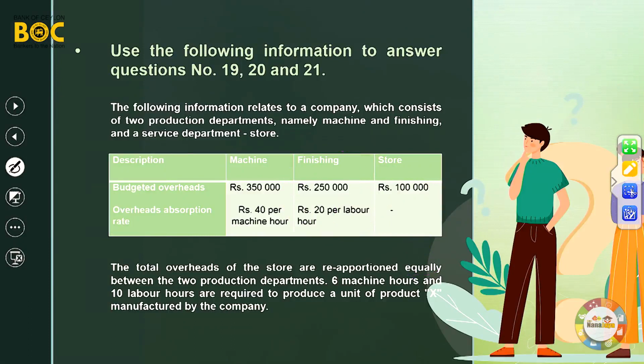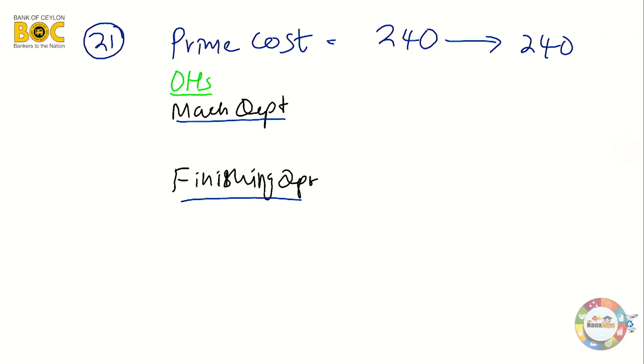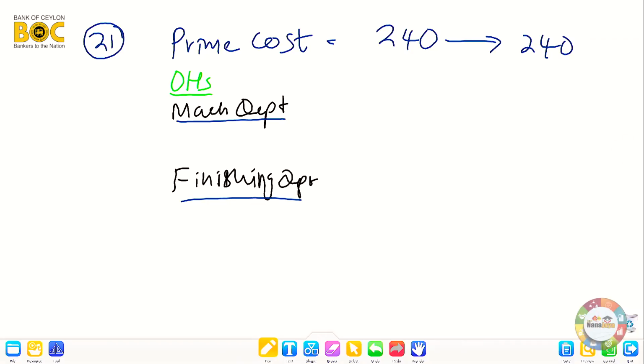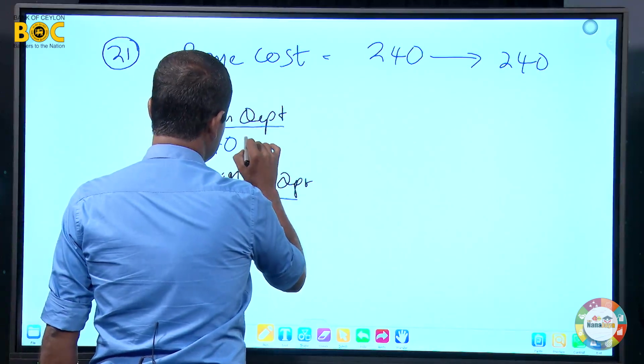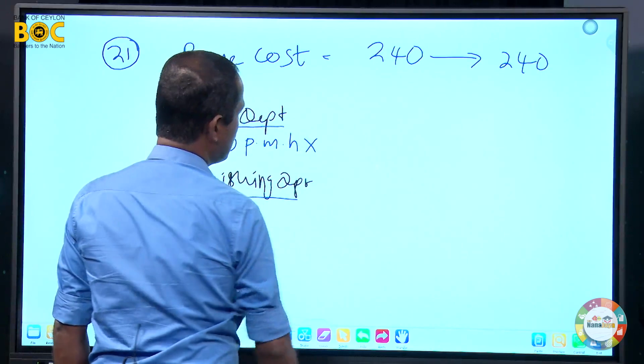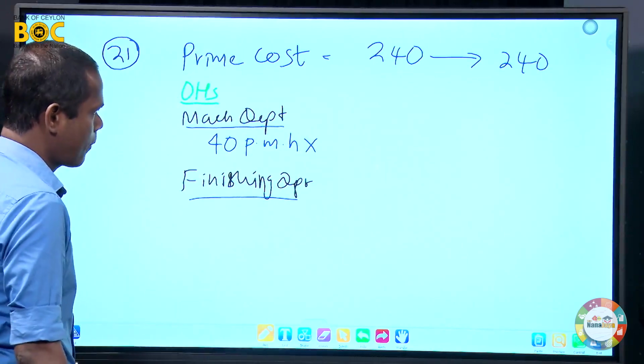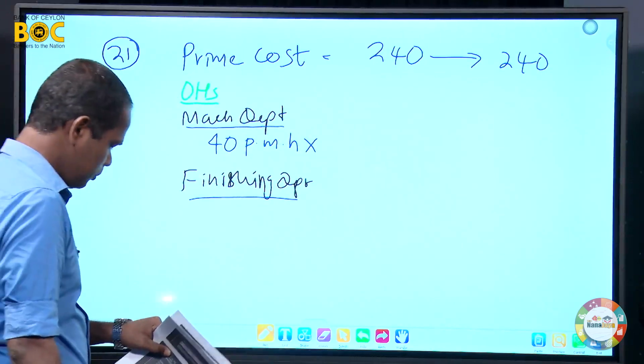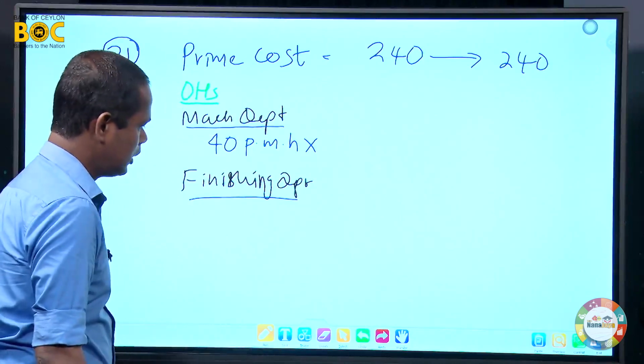The overhead absorption rate is given as 40 rupees per machine hour for the machinery department. It is 40 rupees per machine hour, multiplied by how many hours required?